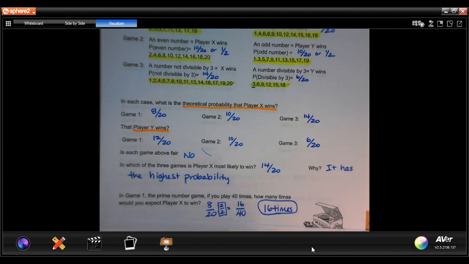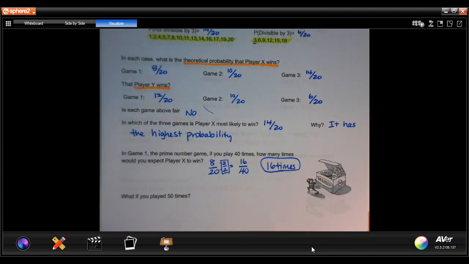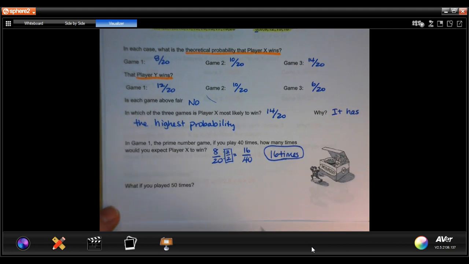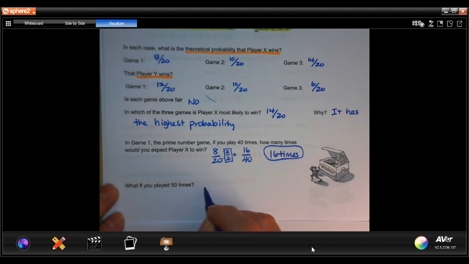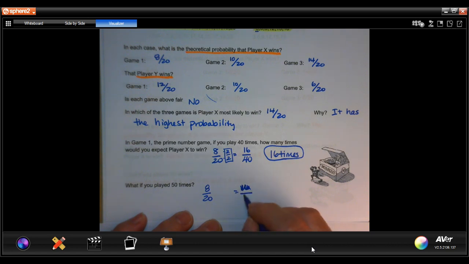Now remember, we're talking about theoretical probability here. And then what if I played 50 times? Again, I can set this up with 8/20 as my theoretical probability from up there. And I am going to set this up so we've got 50 in the lower or denominator position.